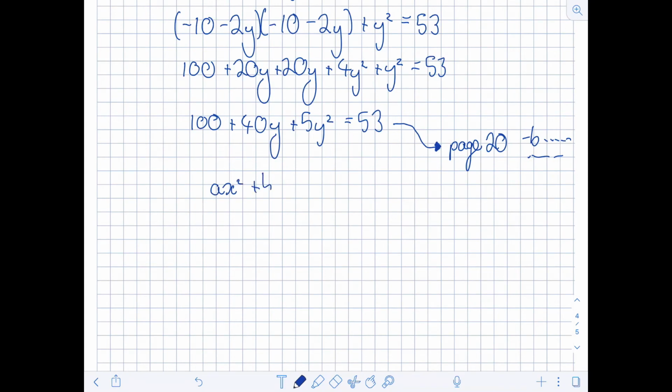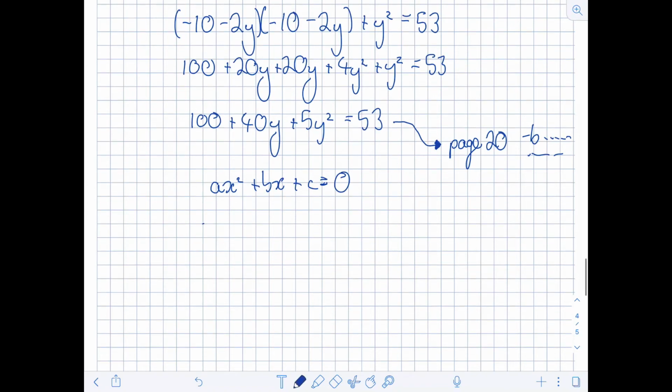ax squared plus bx plus c equals 0. So there's a number of things wrong with my line up here. First of all, my line is not equal to 0. And second of all, the y squared term should be out front. So I have to write this line with y squared out front.